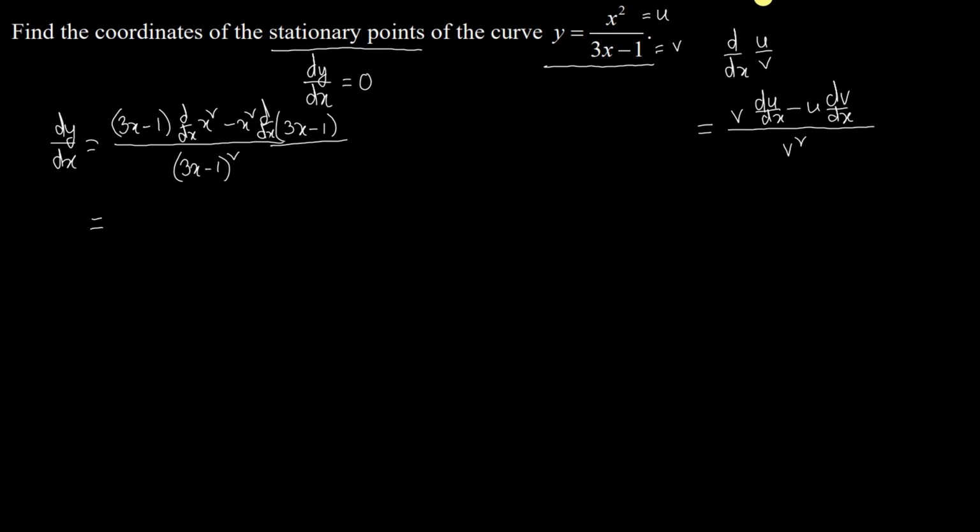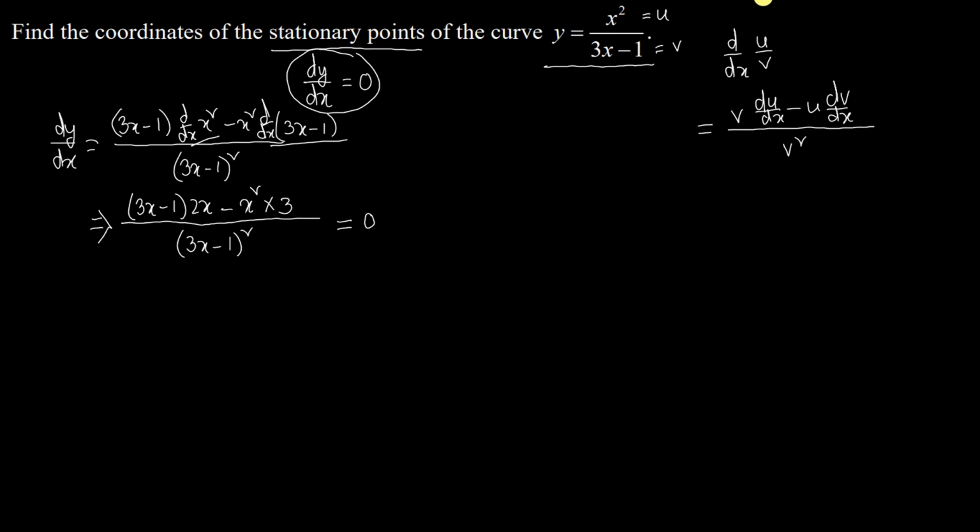Now let us simplify the expression, which gives us 3x minus 1 into 2x, because if we differentiate x square we get 2x, then x square into, if we differentiate 3x minus 1, we get 3, and the denominator is 3x minus 1 whole square. So according to the rule, dy by dx we have to consider 0, so let us consider that expression equals to 0.